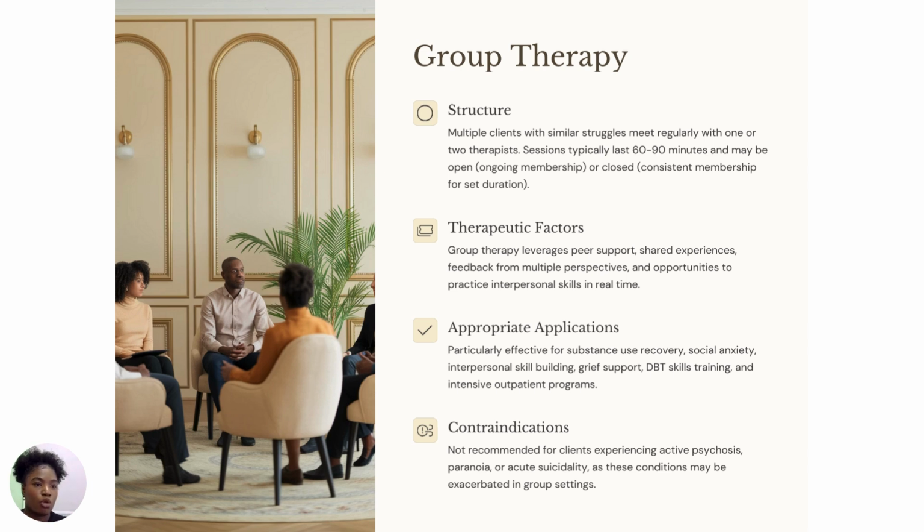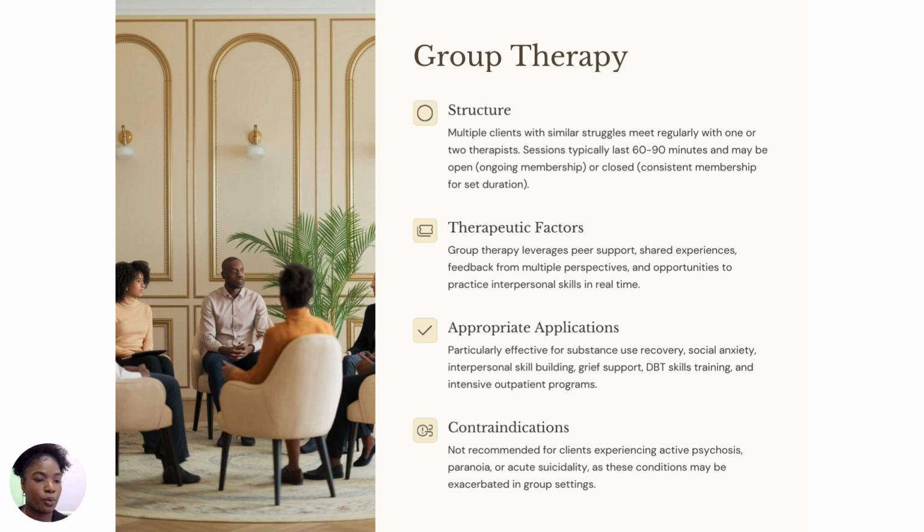Group therapy is more structured and where multiple clients with similar struggles meet regularly with one or sometimes two therapists, and the sessions are usually an hour to 2 hours. They have peer support because in a group there are shared experiences amongst the clients, and it allows an opportunity for clients to practice interpersonal skills in real time.